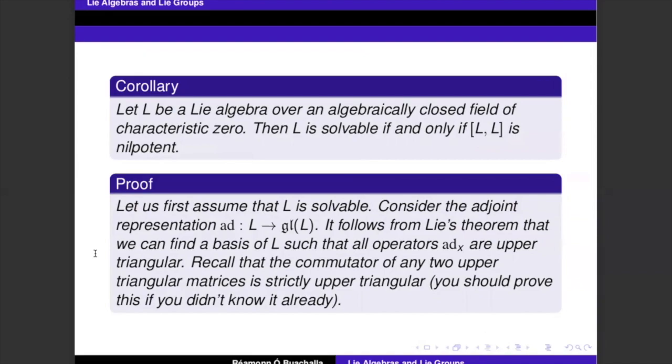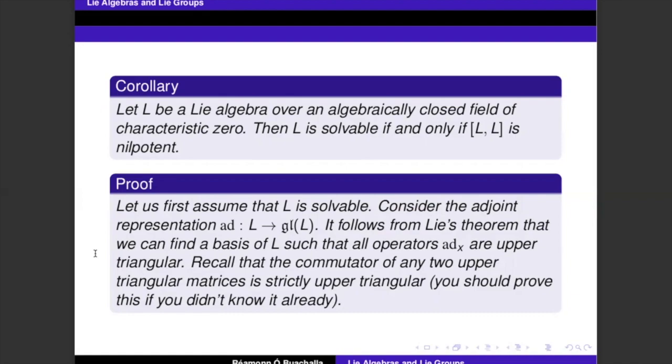We used characteristic 0 in the proof of the lemma, the one where we constructed this L sub-representation W. And we used the algebraically closed field in the proof of Lie's theorem, because we wanted the characteristic equation of a certain matrix to split and hence have an eigenvalue, and for that we assumed algebraically closed. So if we want to apply Lie's theorem, we will always need to work over fields which are algebraically closed and of characteristic 0.